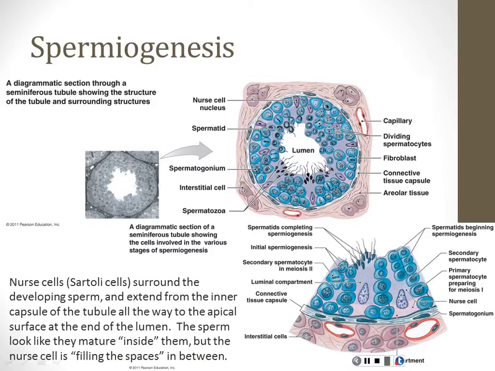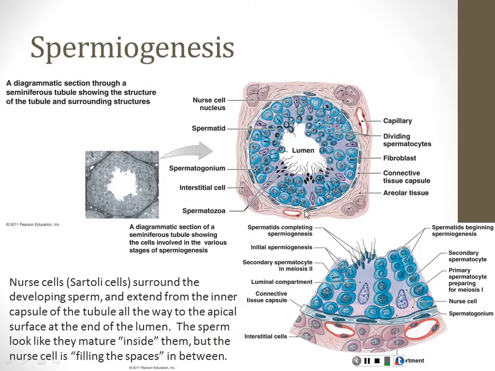Surrounding these developing spermatozoa in purple here is another type of cell called nurse cells. They're still called that. They used to be called Sertoli cells. And one of the illusions in a picture like this is it looks like these blue cells are inside the purple cells. They're not.